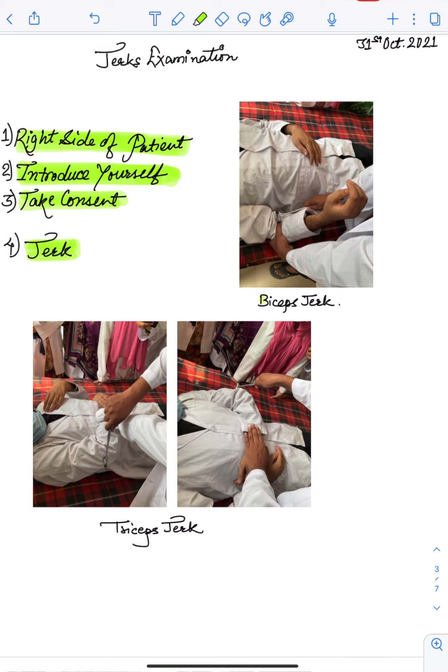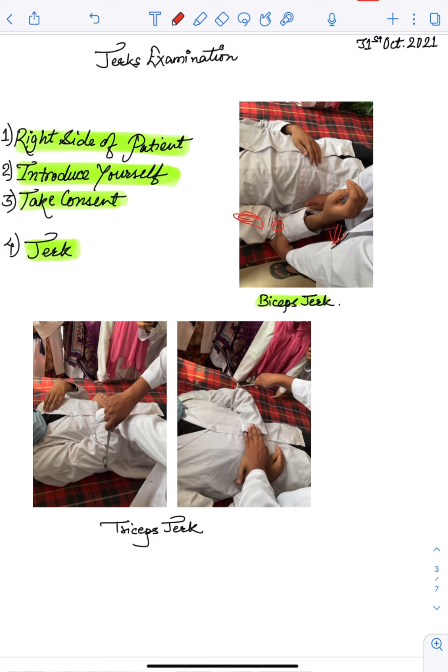For biceps jerk, as shown in the picture, rest the patient's arm on your arm, like this. Then put your finger on the biceps tendon, and as you are seeing here, strike with the opposite side of the hammer, and look at the biceps muscle.